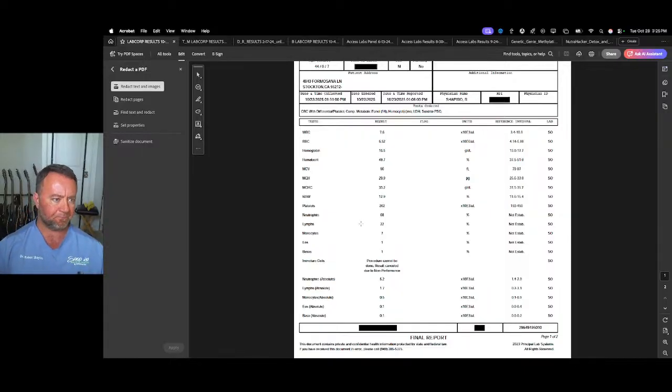I'm sorry I don't have that panel to show you, but this is the panel I ran after I made recommendations on what I saw. When he brought in his initial results, because he's on testosterone therapy, it's very common for people's blood to get thicker while they're on testosterone therapy.